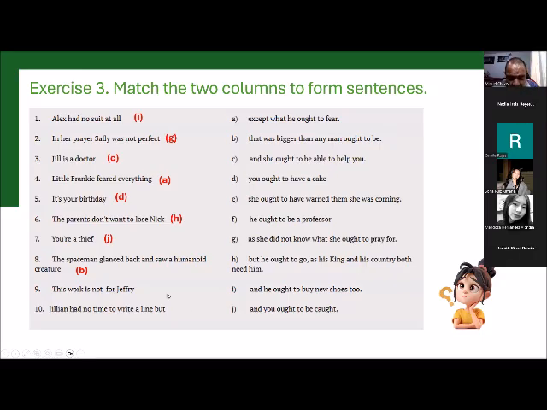Okay. And number 9, please. Thank you, Daniela. This word is not for Harry, it would be letter F, he ought to be a professor. He ought to be a professor. Yes, you're right. Okay, number 10. The last one, please.